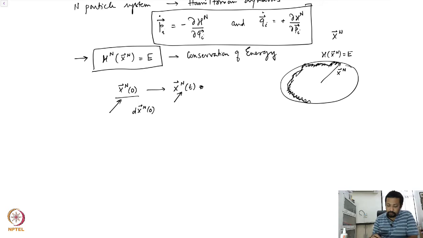However, right now, what we want to emphasize, as we have done earlier, is that we want to imagine or think of this phase space to be filled with a continuum of state points.